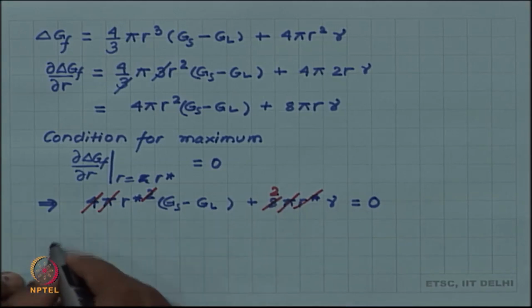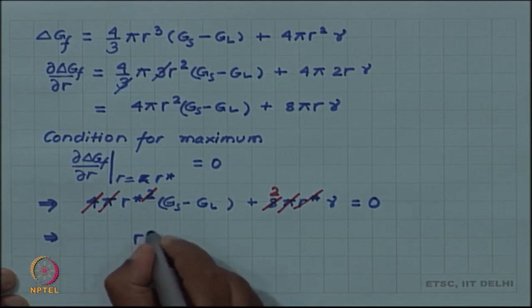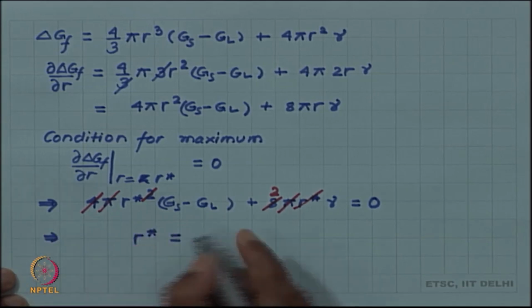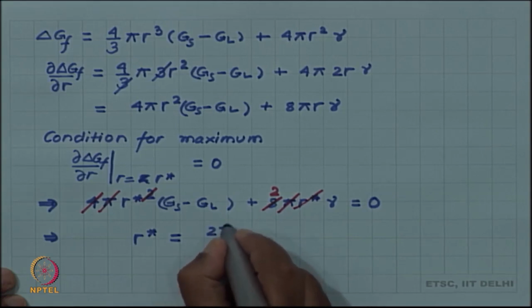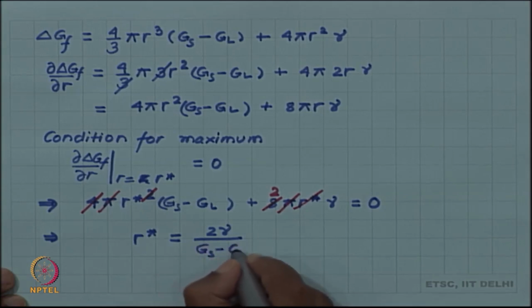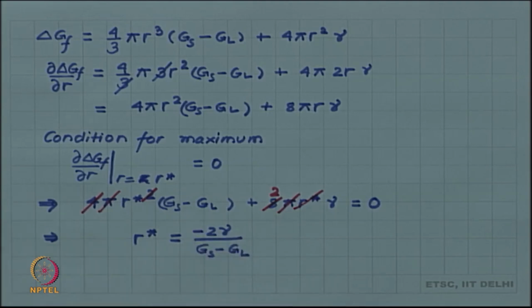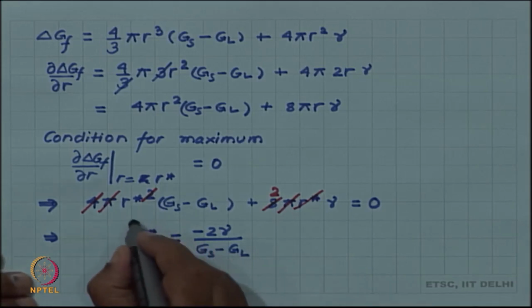So, we get an expression for R star as 2 gamma by Gs minus Gl with a minus sign, minus 2 gamma by Gs minus Gl.